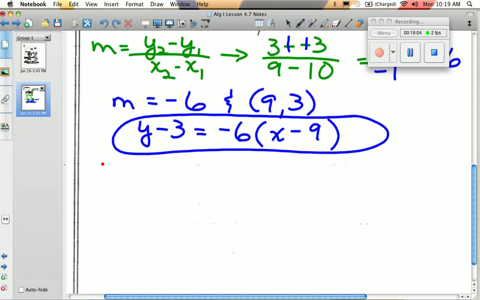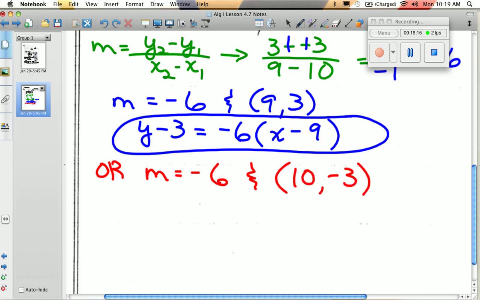Or we have the option of m equals negative 6, and the other ordered pair, which is what? 10, negative 3. Y minus negative 3. So y minus a negative 3 equals negative 6 times x minus 10.